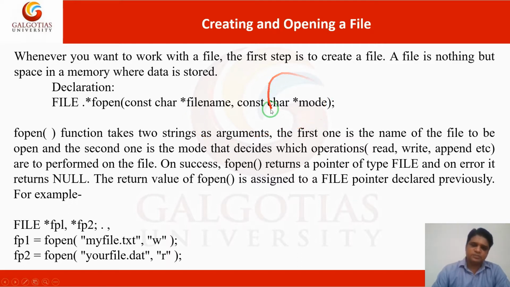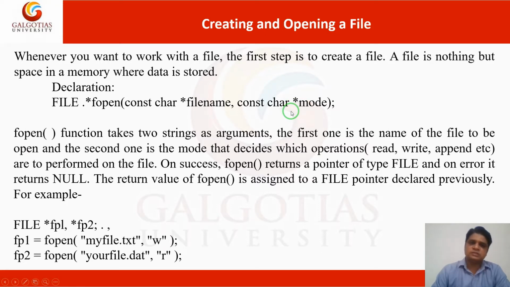If you want to make a binary file, then you use the .dat format. But the second argument is the most important: in which mode you want to open this file, like read mode, write mode, or append mode. If you want to only read the data, then you have to write the read mode only.